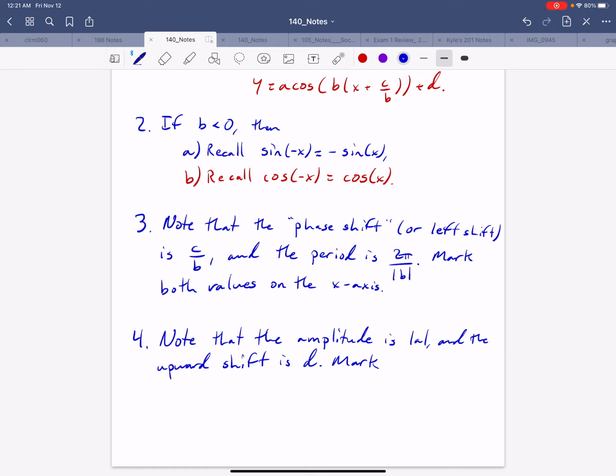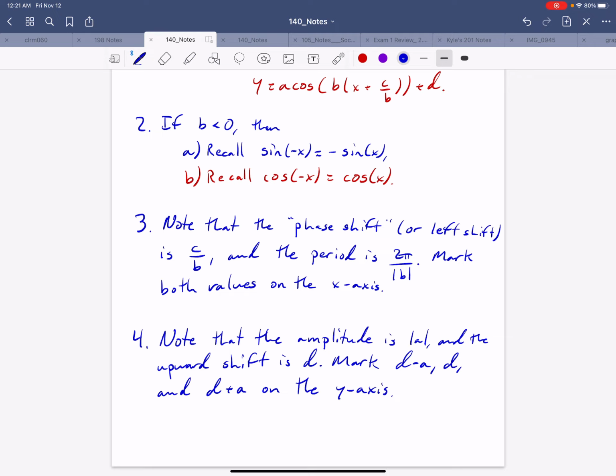So now here's the thing. You're going to mark 3 values here, I think is probably best. So we're going to mark d minus a, d, and d plus a on the y-axis. Okay?